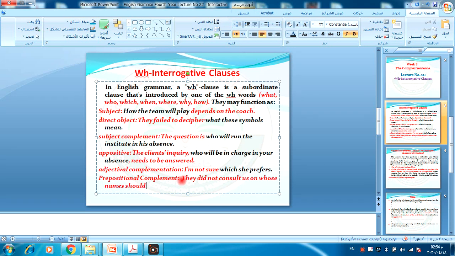So you see, whose names should be put forward is the WH interrogative clause, which functions here as a complement of the preposition. So that's why we call it a prepositional complement. So by now we finished our speech about the functions of the WH interrogative clauses.